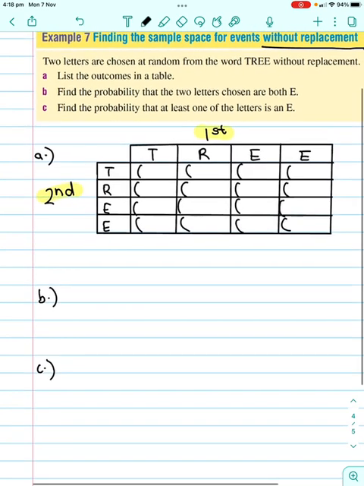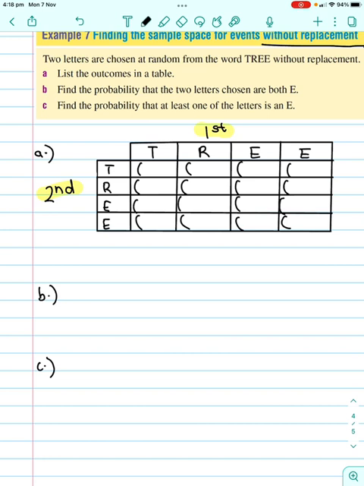I'm then going to go down each column. So remember, columns are our first draw, and I'm going to add that letter. So it's going to be T, T, T, T, R, R, R, R, E, E, E, E, E, E, E, E. But one thing that we've got to remember is that this question is without replacement.